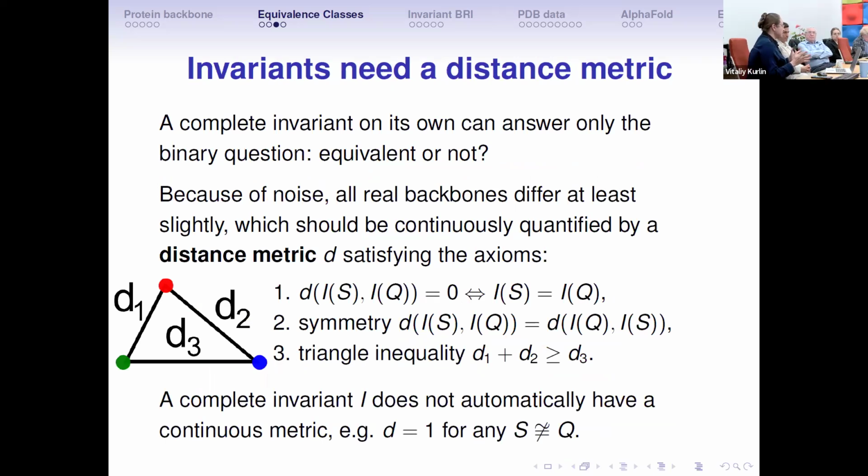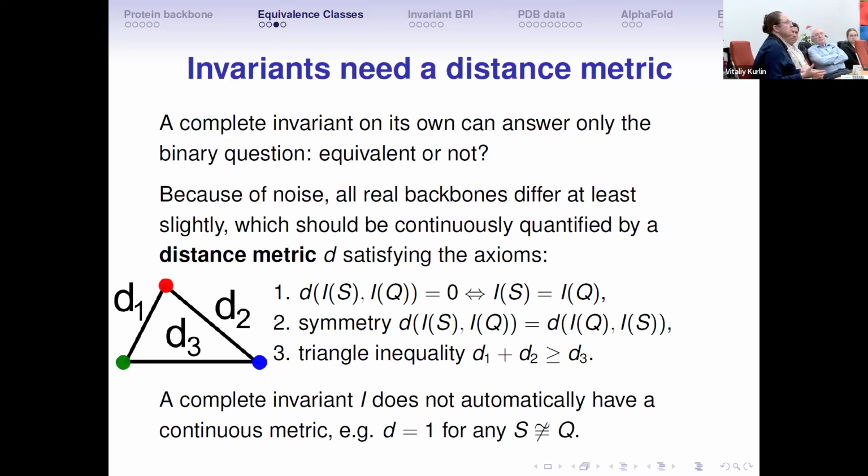And yes, the existence of an invariant or even a complete invariant does not automatically mean that we'll have a nice metric. Firstly, the trivial metric is something which will be 0 for coinciding objects and 1 for non-coinciding objects.